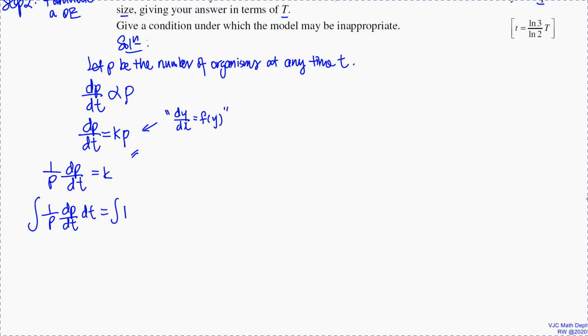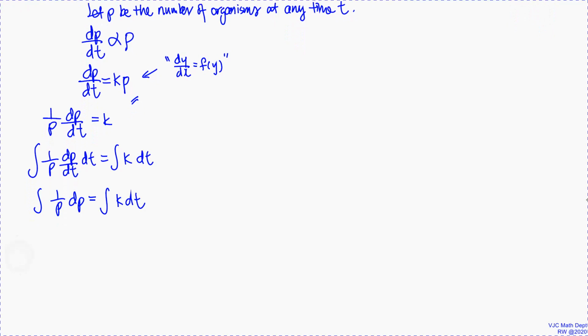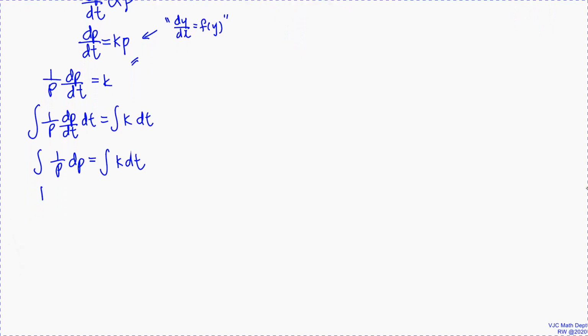Time t. Then you integrate 1 over P, the same as integrating k dt. Integrate 1 over P, you get ln|P| (do not forget the modulus) equals kt plus c. Then you make |P| the subject.